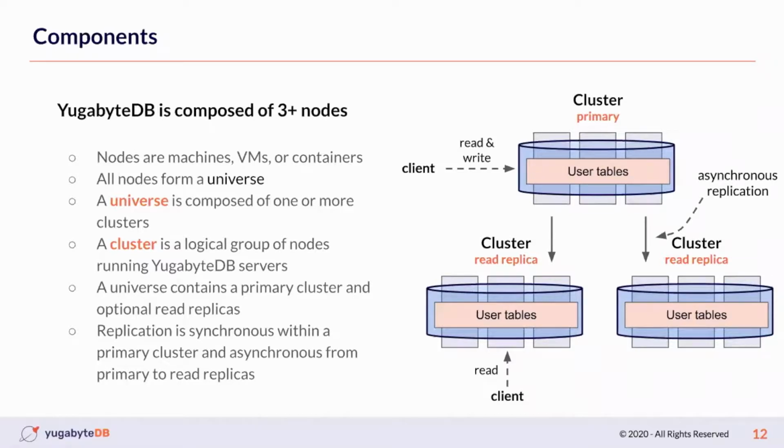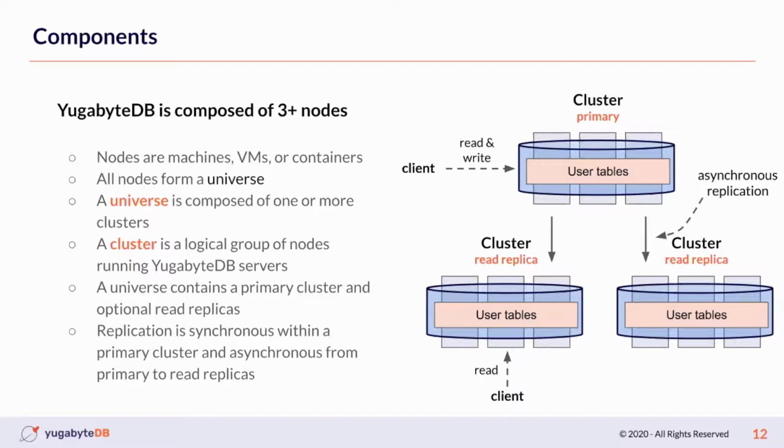A cluster is a grouping of nodes that stores data and handles end user queries. In this diagram on the right, the 3 nodes on the top, which form the primary cluster, have a user table that is sharded and replicated across these 3 nodes, and will handle all the reads and writes from the end user client.